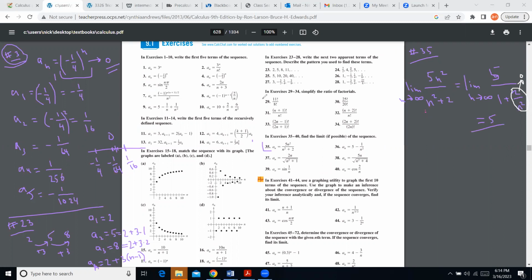So you can do a problem like 29. That's a little bit different one, just to recall what factorials stand for. So if you divide 11 factorial by 8 factorial, then you don't scream out loud 11.